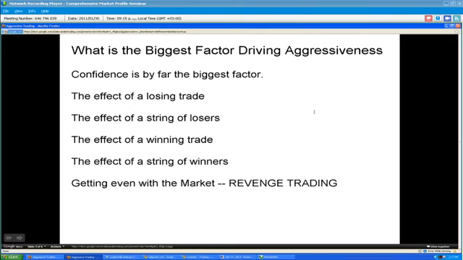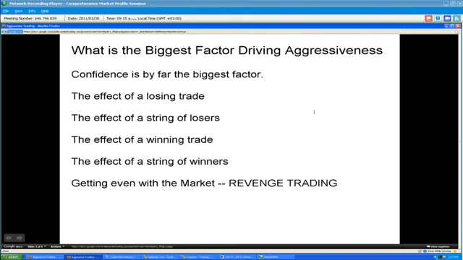Have any of you ever done that? You get angry at the market, and revenge trading is very similar to the situation I described with the Dutch Deal or No Deal player. It's a very similar type of situation.